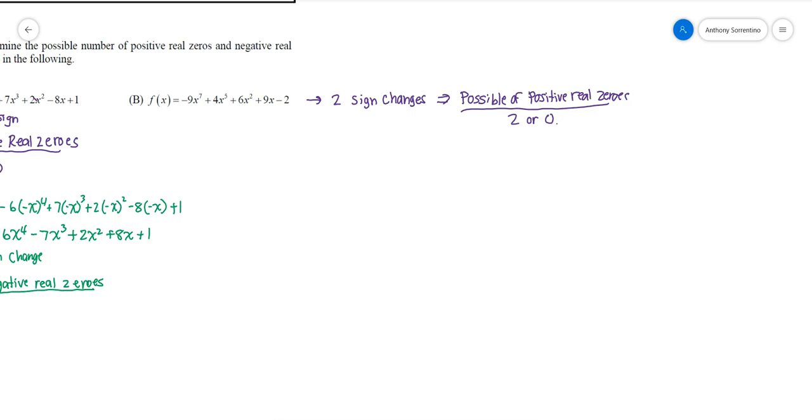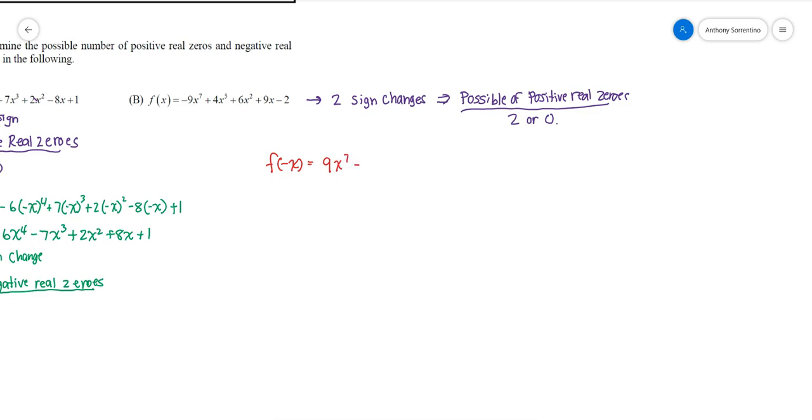So now I'm going to do f of negative x. As a shortcut, anything that has an odd degree is going to have a sign change when I do f of negative x. Hopefully you've noticed that now. So anything that has an odd exponent on the x is going to have a sign change. So this is going to become a positive 9x to the 7th.